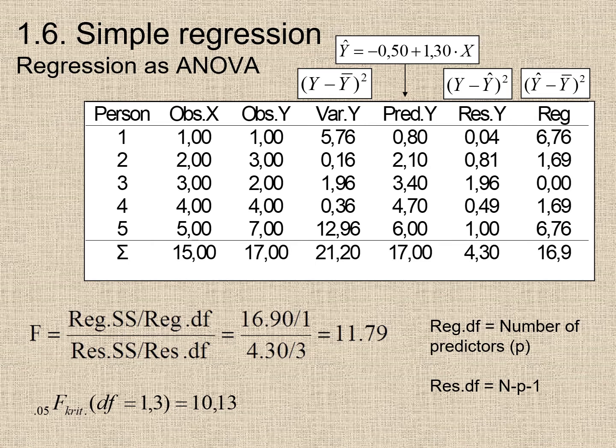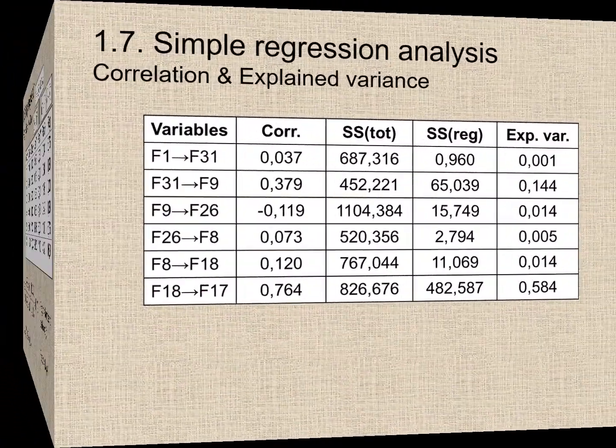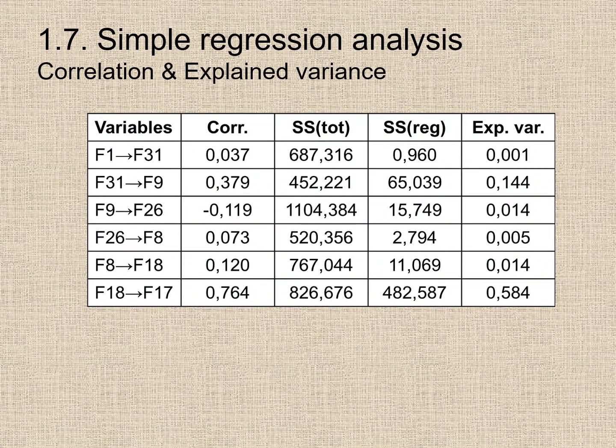The amount of explained variance you get by dividing the regression sum of squares by total sum of squares. Does that sound kind of familiar? What did we do in ANOVA? To effect size, how did we calculate effect size? The simple way, so to speak.